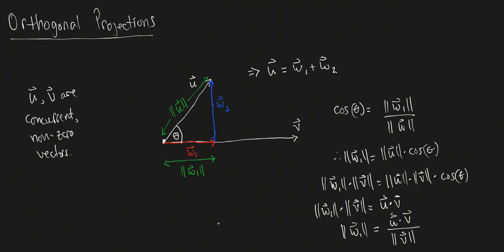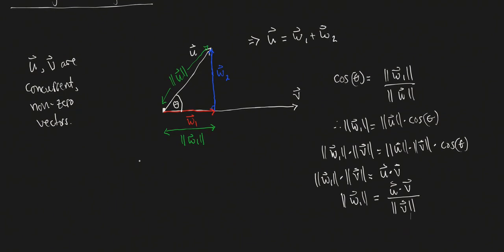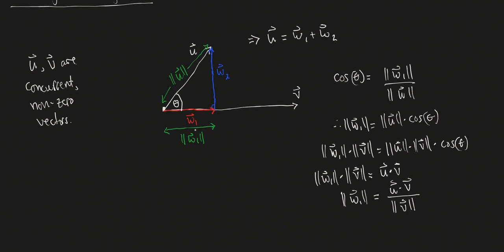Well, that's great, but what if we wanted to find the components of this? So we don't want to find just the length. I want to know what the components of the vector would be going from this point and stopping right there.